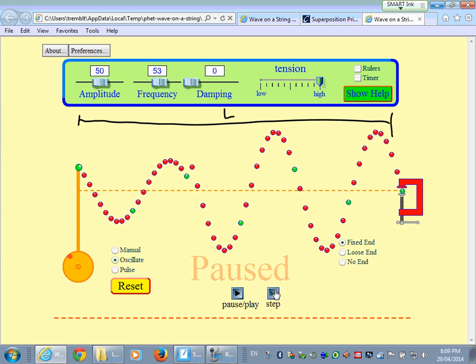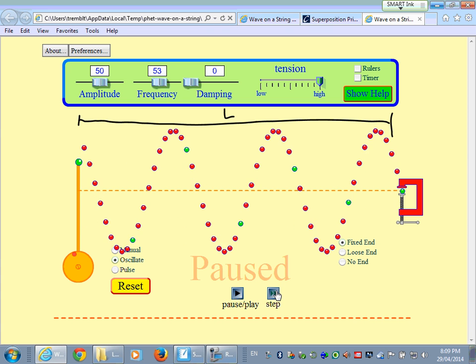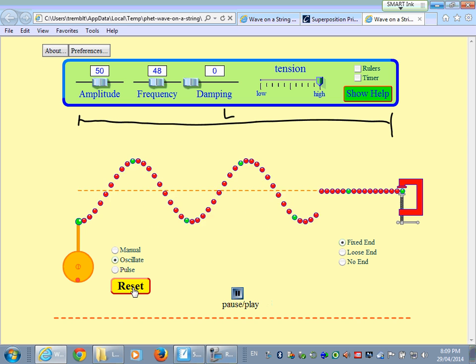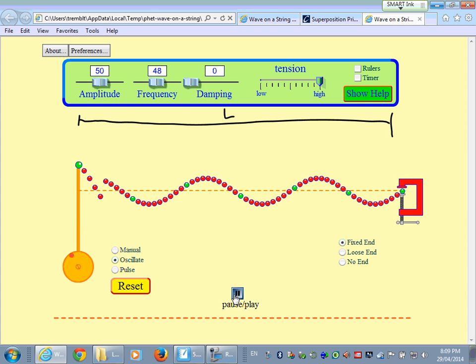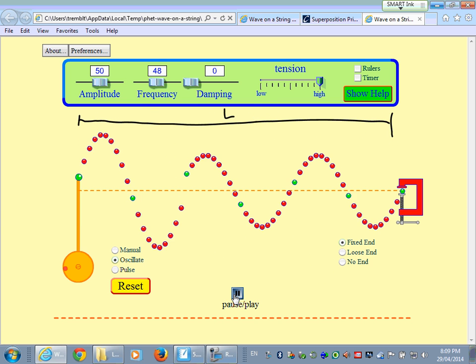Slow it right down. No, that's not it. I'm definitely going the wrong way. Let's try that. Not too bad.